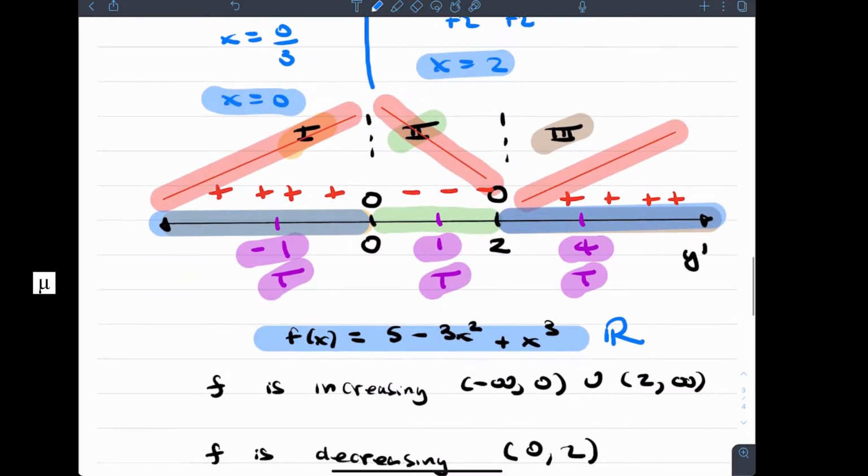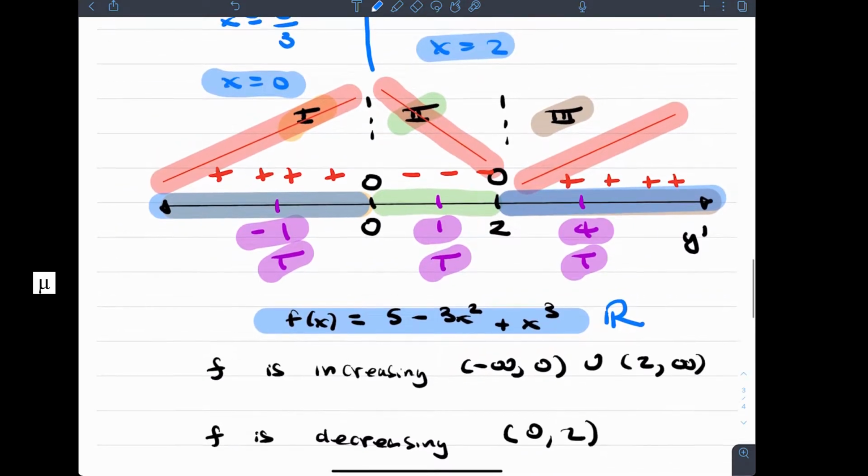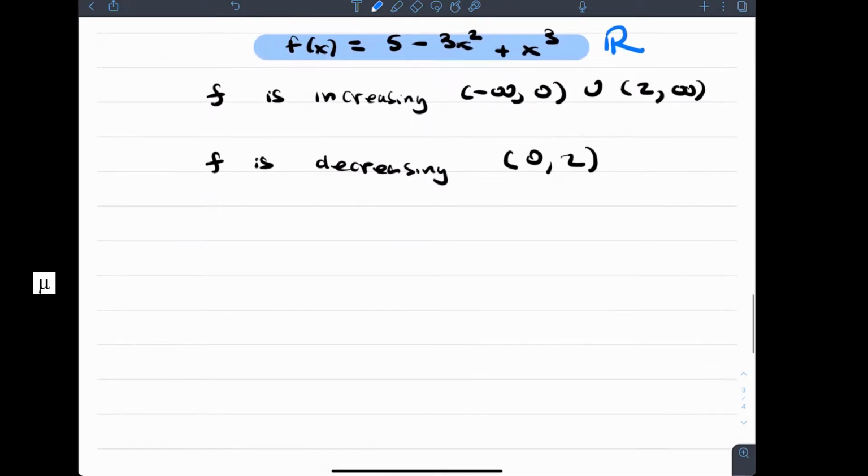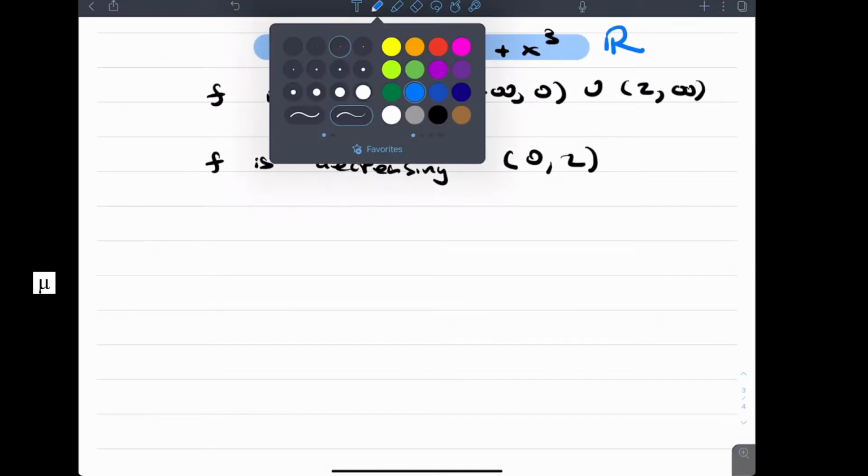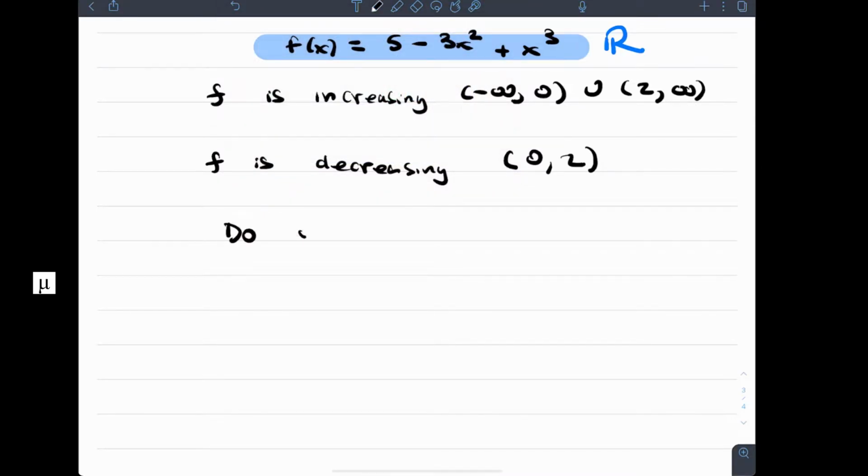So what you have now here, ladies and gentlemen, is the following. I'm going to ask you this question here. Do you have horizontal tangents? What do I mean by horizontal tangents?